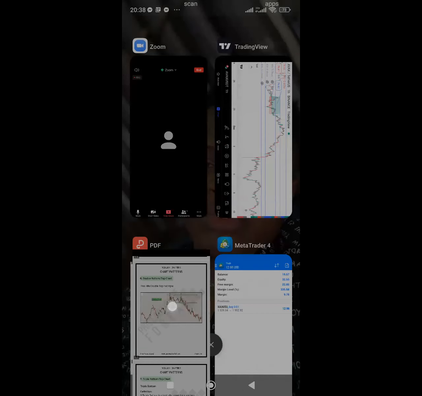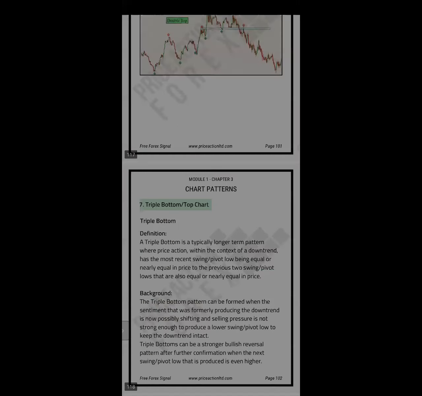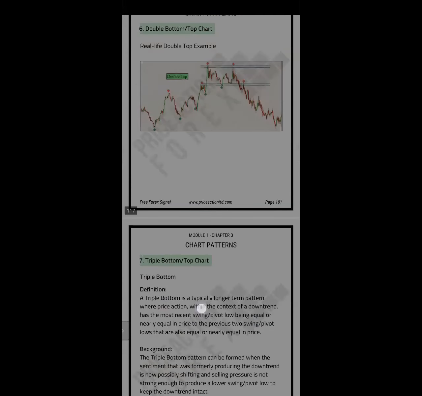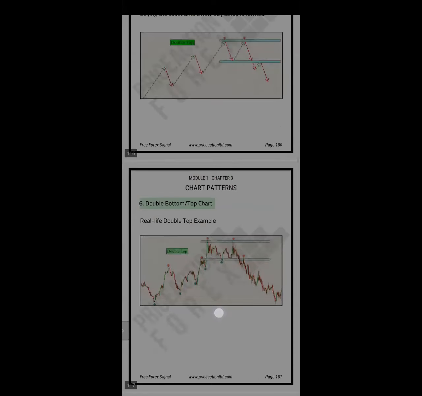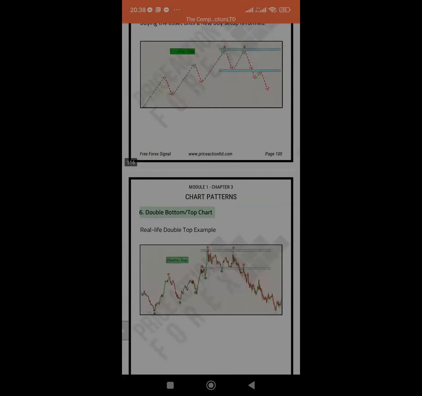Okay, let's talk about the triple top. Now, these things are just similar to each other. The only difference is that the highs or the lows that are equal to each other are three instead of twice. Do you understand? For example, a triple bottom is just like this.